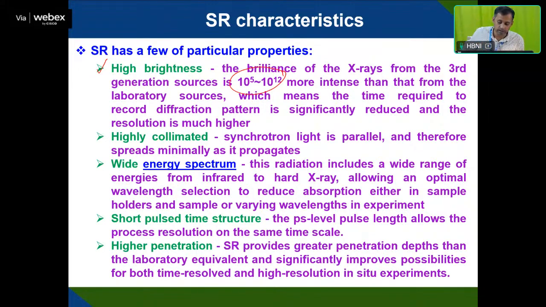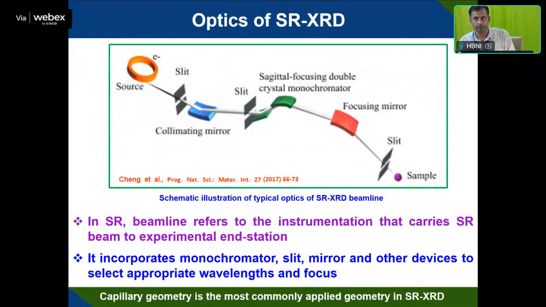It has a short pulse time structure, the pulse is very, very short, so you can get better resolution at the same time scale. It also has high penetration because of high brightness, so time-resolved or high-resolution in situ experiments are possible. In a fraction of a second you can get better information.